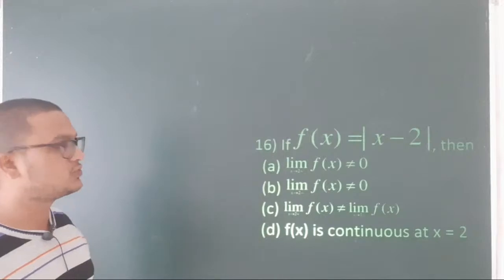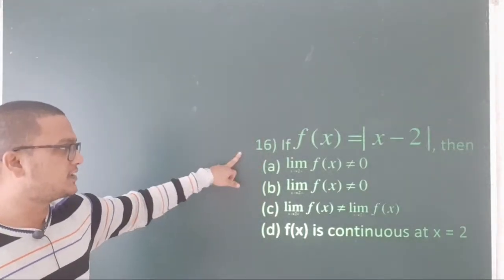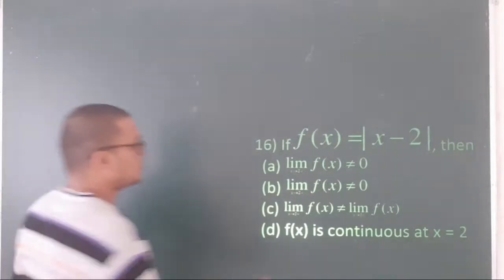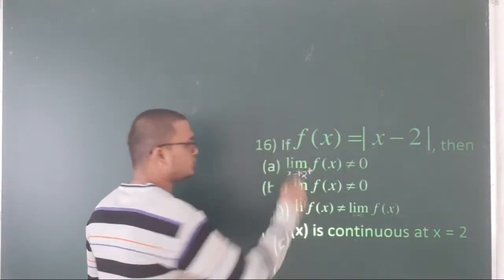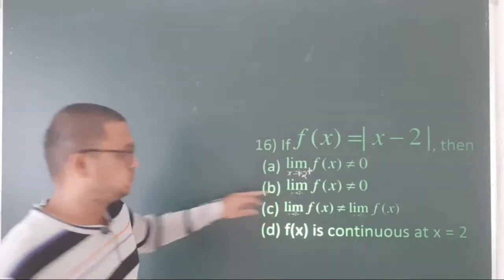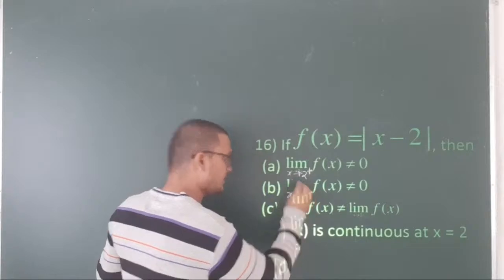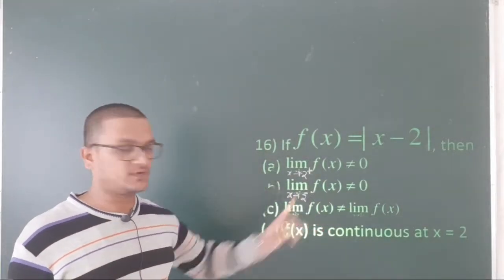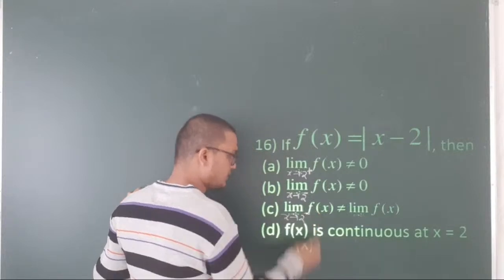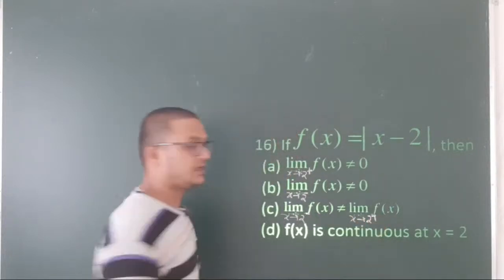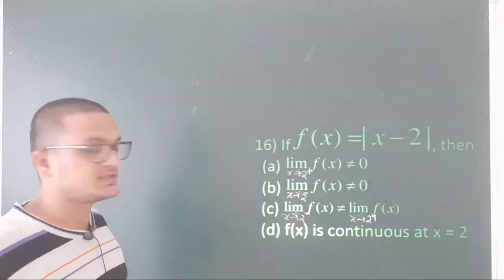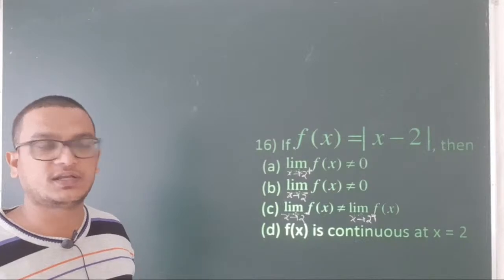If f of x is equal to modulus of x minus 2, then the options are: A, limit x tends to 2 plus f of x not equal to 0; B, limit x tends to 2 minus f of x not equal to 0; C, limit x tends to 2 minus f of x is not equal to limit x tends to 2 plus f of x; and option D is f of x is continuous at x is equal to 2.